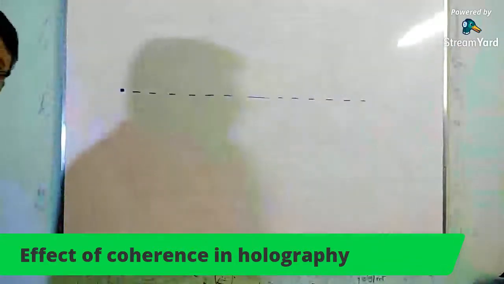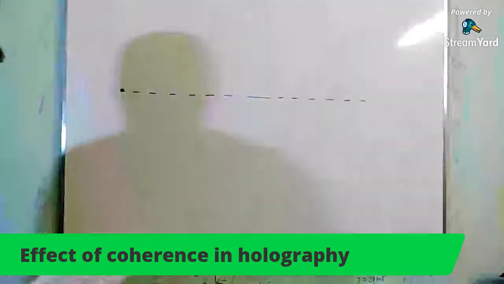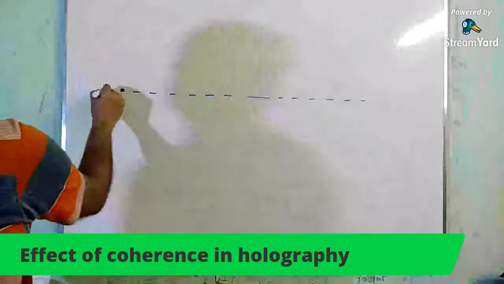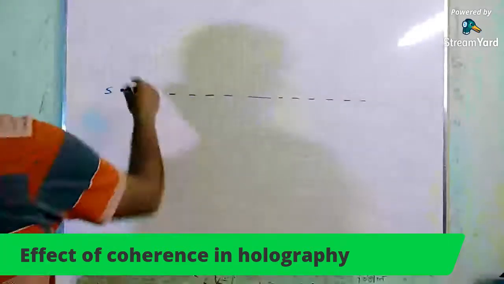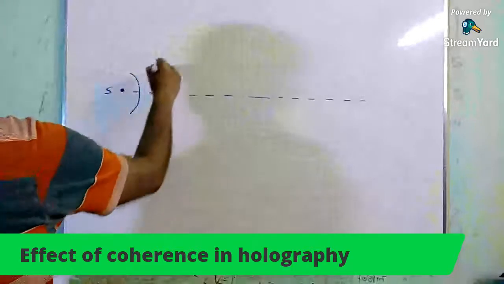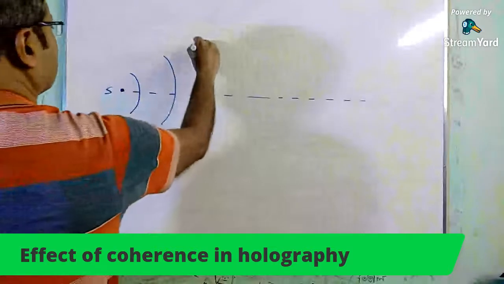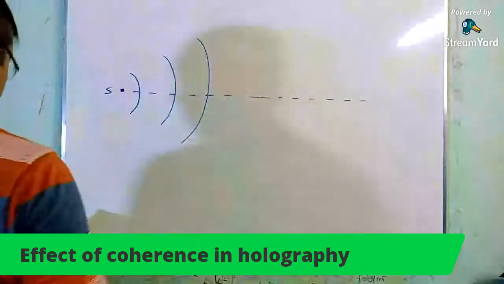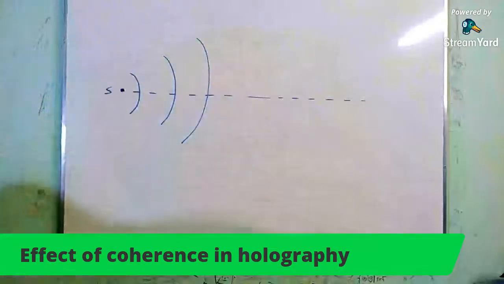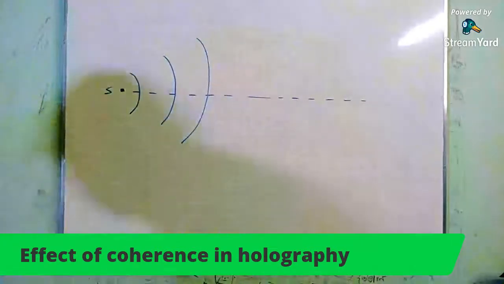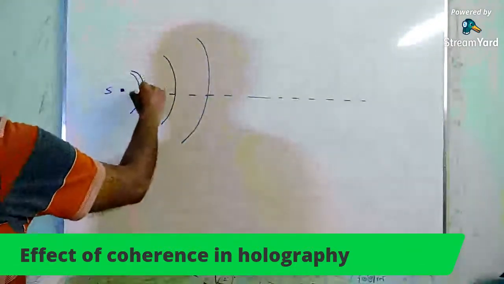Is it okay? Is it visible? Here I take two waves with two different wavelengths.